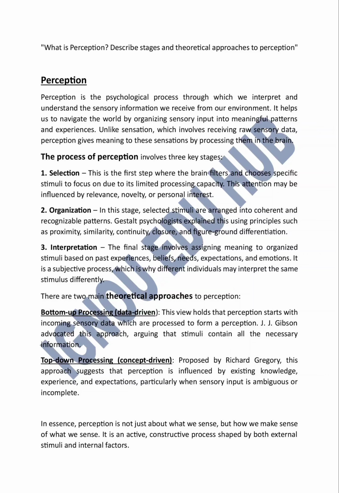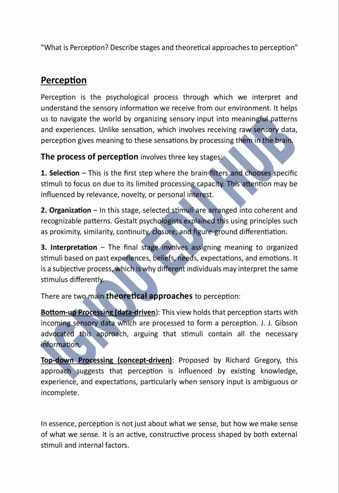J.J. Gibson advocated this approach, arguing that stimuli contain all the necessary information. This means we start from the sensory input and build understanding from what we see or hear directly, like a child seeing snow for the first time.